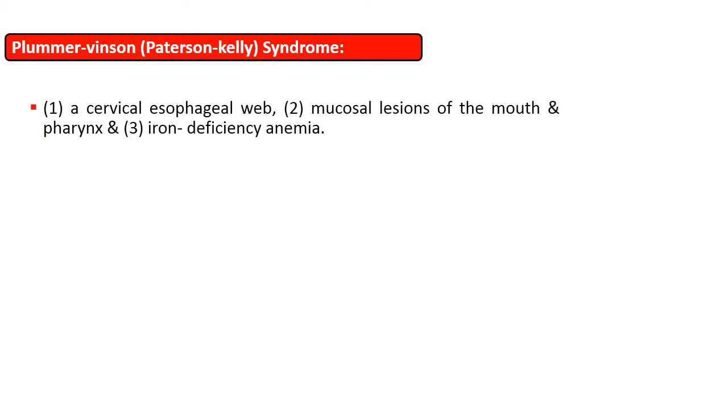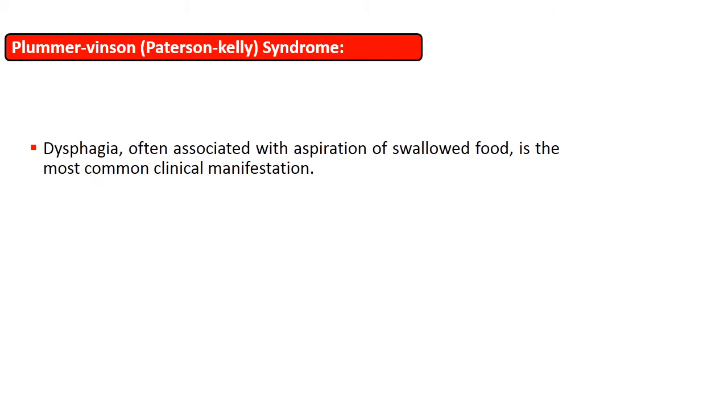Plummer-Vinson syndrome or Patterson-Kelly syndrome is a condition in which these esophageal webs are present. This is a rare disorder that is characterized by a cervical esophageal web, mucosal lesion of the mouth and pharynx, and iron deficiency anemia.